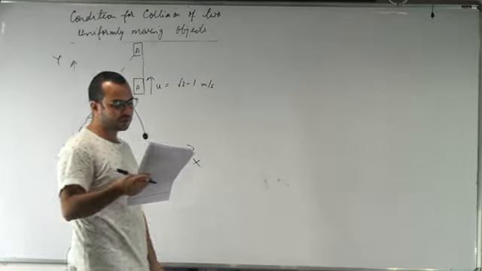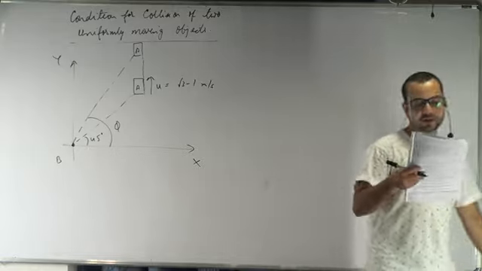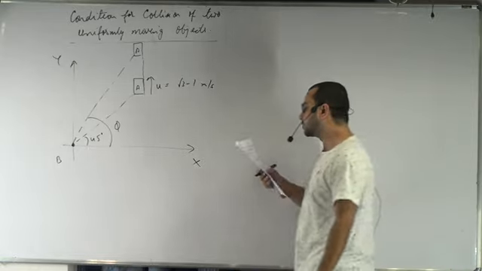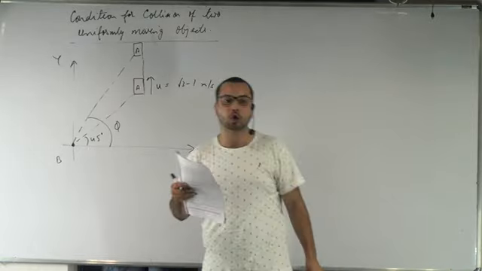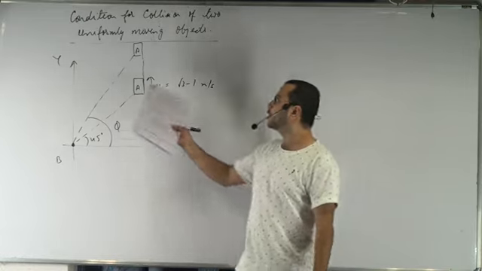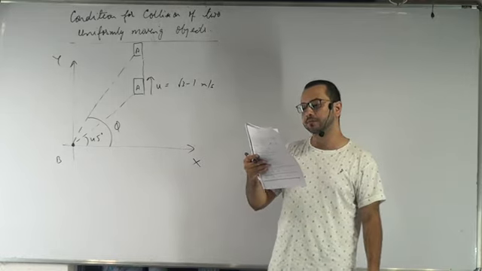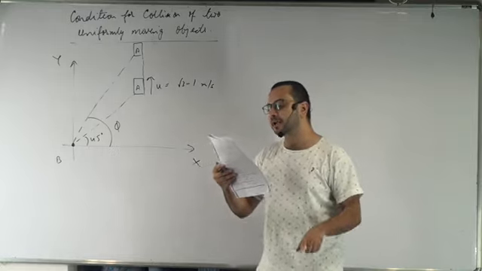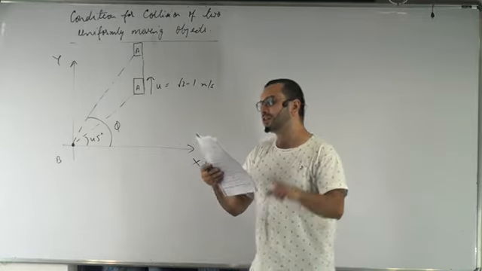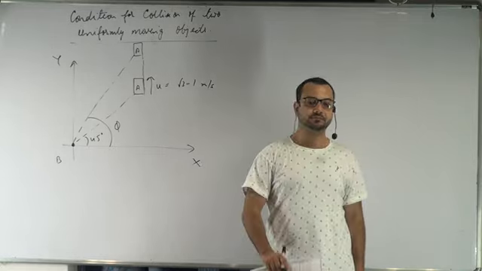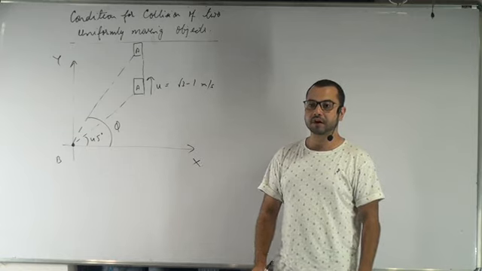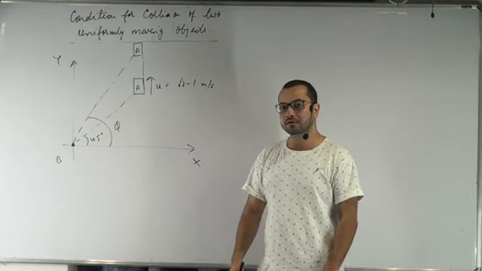So what is the question? The first part of the question is, the motion of the ball is observed from the frame of reference of the trolley. Calculate the angle made by the velocity vector of the ball with the x-axis in this frame. So what do you have to find out?